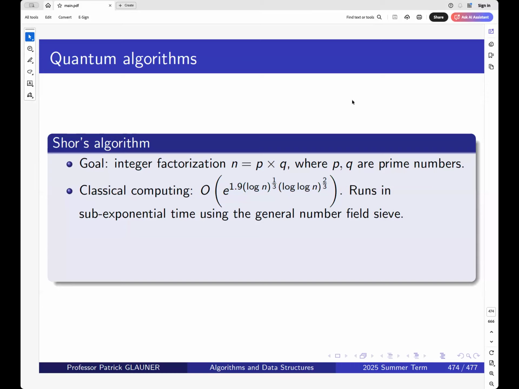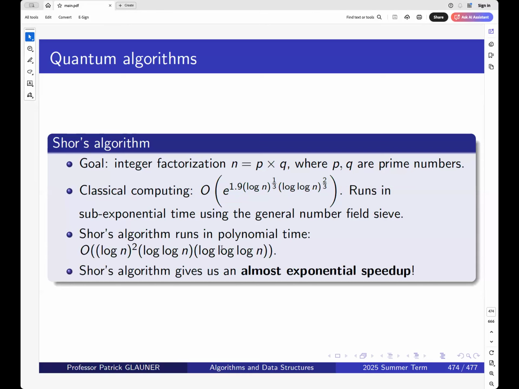This general number field sieve runs in sub-exponential time, a little bit better than a naive approach and with some constraints. And now I want to speed this up with a quantum algorithm. And Shor's algorithm actually runs in polynomial time. Concretely, O of log n squared times log of log n times log log log n.